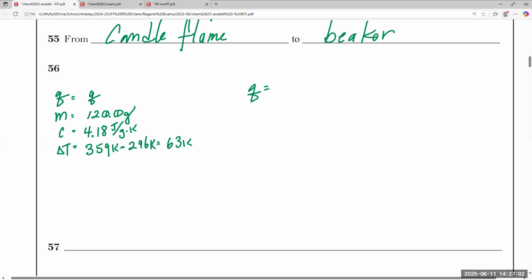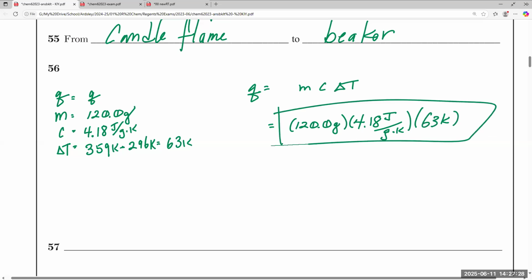Q is equal to mC delta T. Let's go. m is 120.0 grams, times 4.18 joules per gram Kelvin. And you know what? I was stupid because I didn't actually have to solve that. I could have, like here, 63 Kelvins, that's fine.